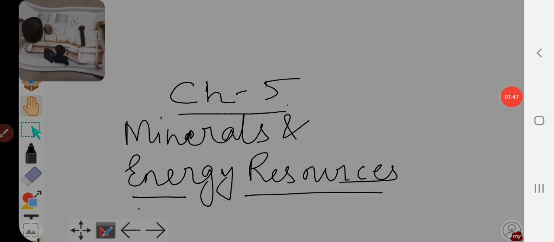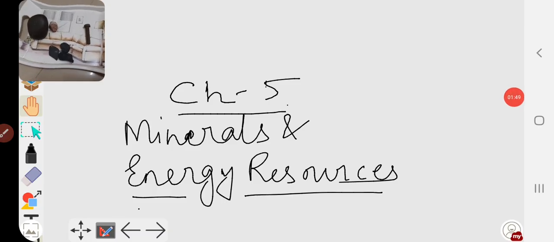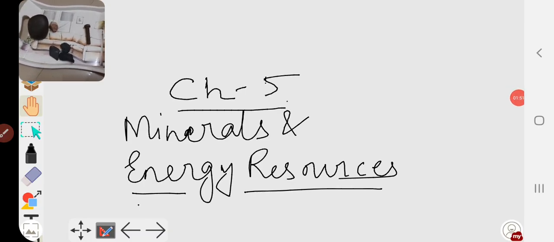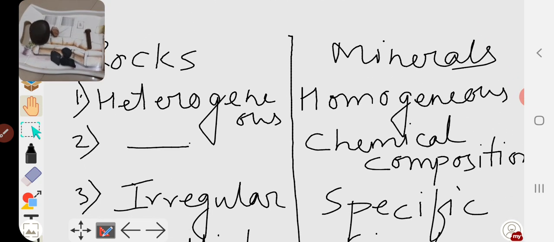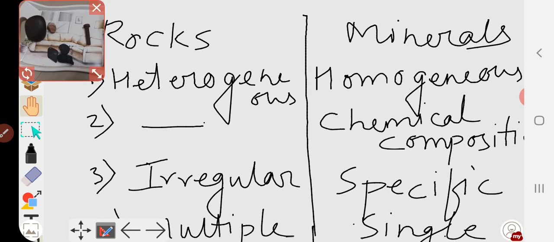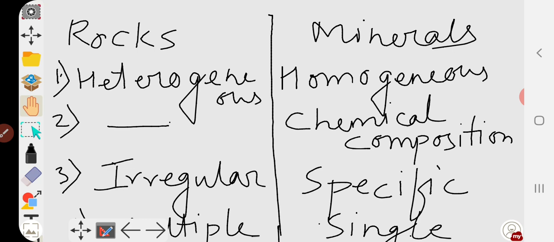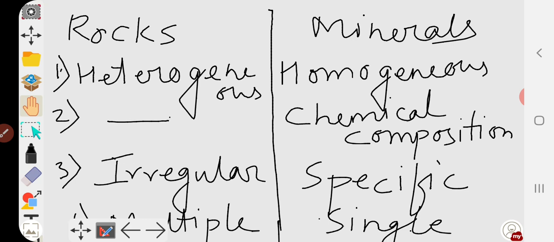Now let us proceed with the first topic, that is difference between rocks and minerals. Now, rocks are heterogeneous and minerals are homogeneous. Now, when rocks are heterogeneous, what does this indicate?